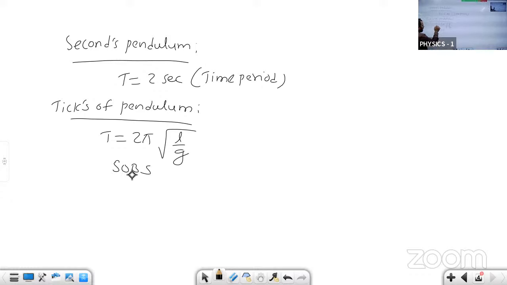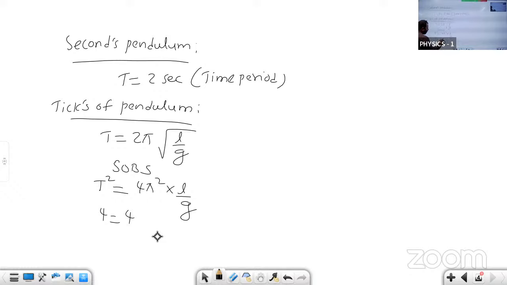Squaring on both sides, we get T square equals 4 pi square into L by g. T square for a seconds pendulum is 2 squared, which is 4. 4 pi square. The value of pi square is approximately 10, students. The value of pi square and small g are nearly the same. Small g equals 9.8 meters per second square.